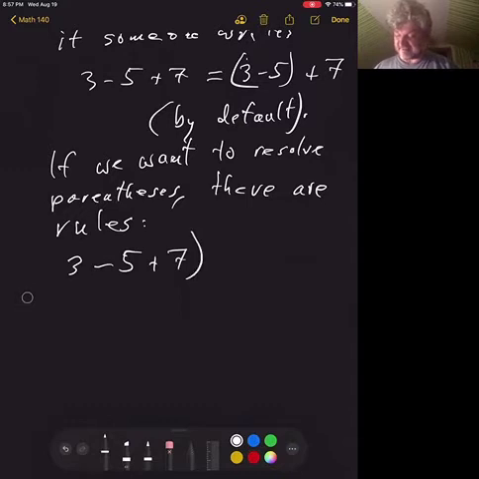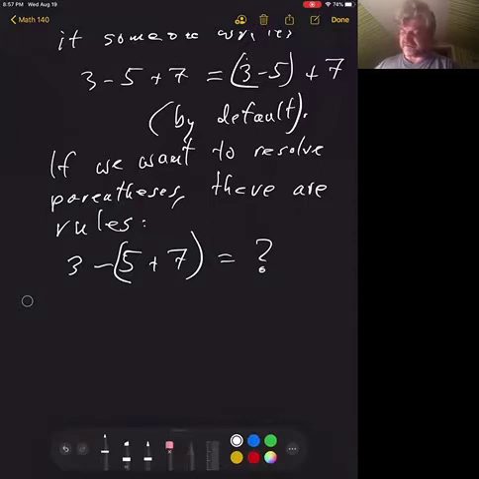When it's written like this, there's a clear meaning to that. That's not the question. But you want to get rid of these parentheses. And there's a clear rule, which you may have learned already.